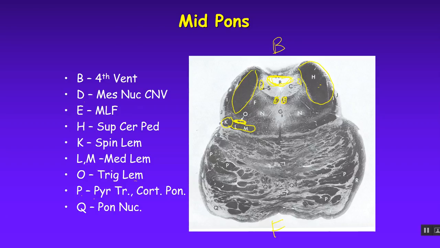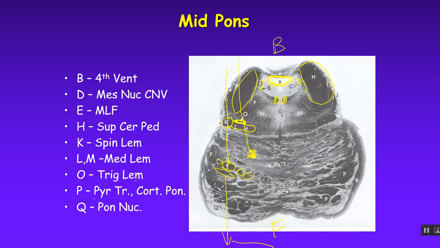P is pyramidal tracts and cortical pontine fibers. So the dark stuff is the tracts. So all this stuff, if it's a cortical spinal tract, it's going to keep going right on down through, all the way down to the pyramids and then cross over. If it's a cortical pontine tract fiber, what it'll do is it'll come down here and make a connection with the lighter areas, which are cell bodies, the cortical pontine nuclei.